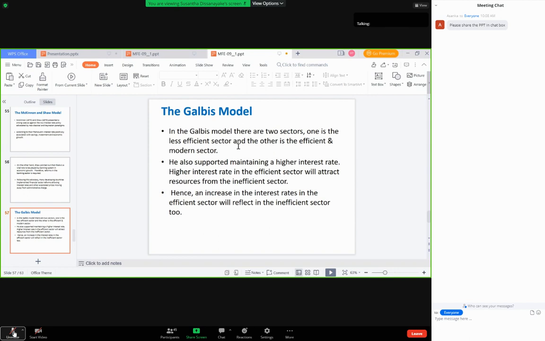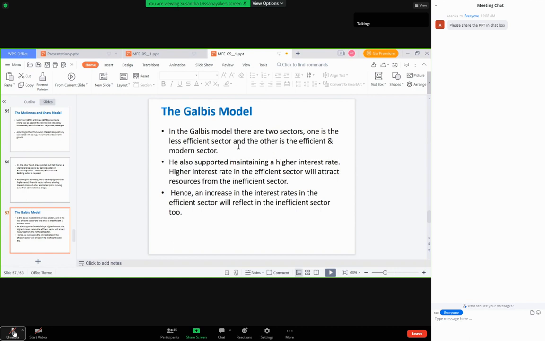If the efficient sector interest rate is high, what happens? The funds in the inefficient sector, which is at a 5% interest rate, will all go for the 10% interest rate maintained by the efficient sector. So that's the idea they have. The efficient sector will attract resources from the inefficient sector.